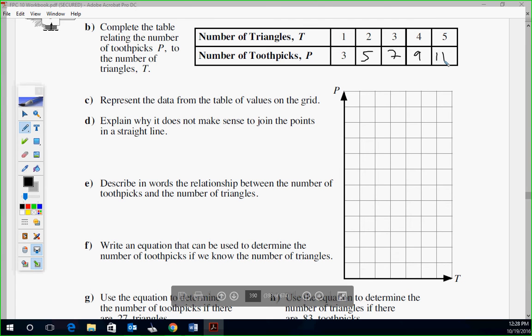So the data on the grid is T is triangles. So this is my T axis, which is essentially my X, and then P is my Y. So T1 goes up to 3, so 1, 2, 3, 4, 5, 6.